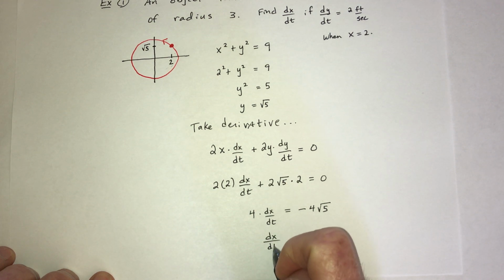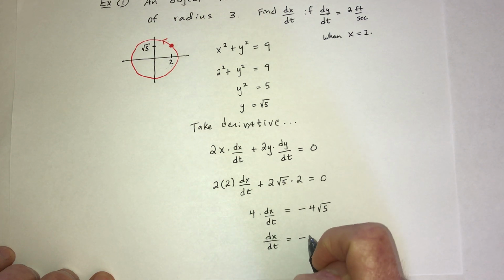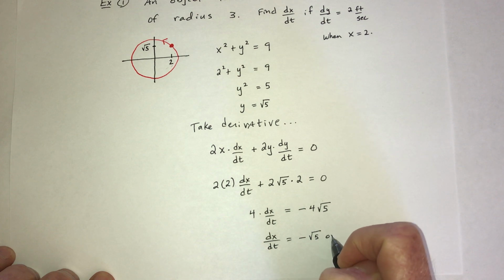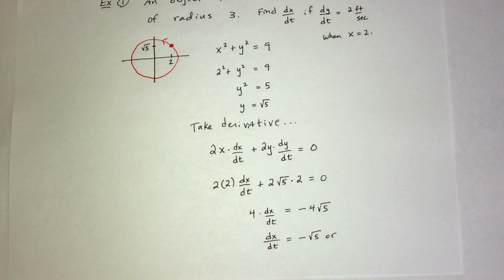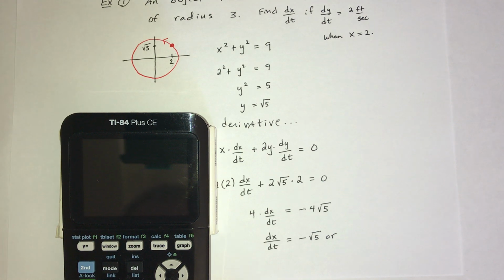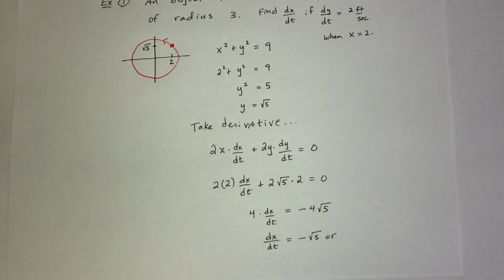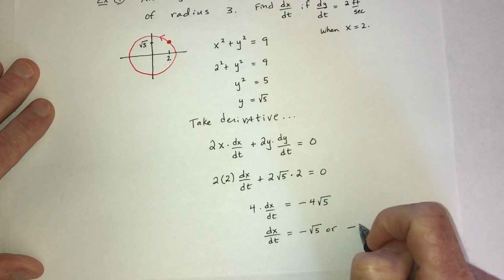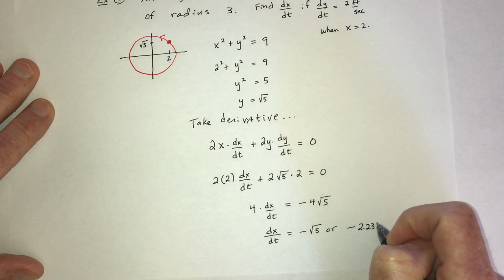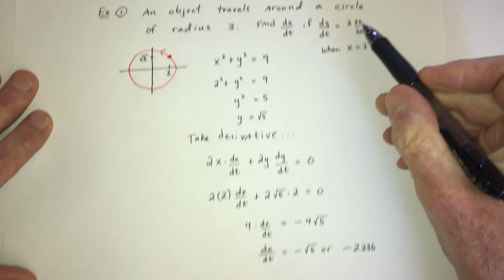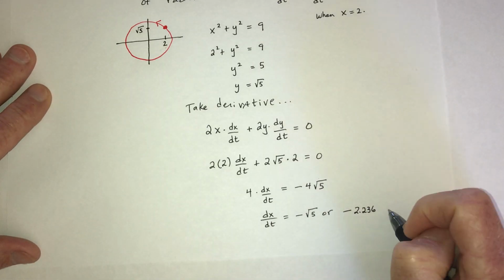So dx/dt is equal to negative the square root of 5, or now I'll get a decimal here at the very end. The square root of 5, 2.236. Negative 2.236. And the units would be in feet per second.